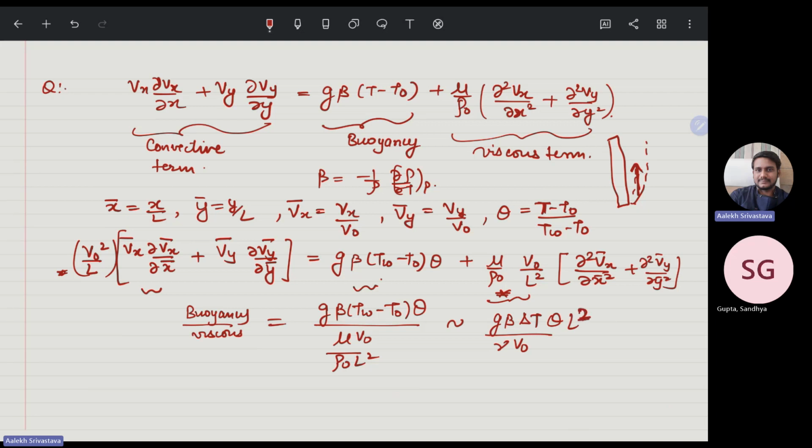Now there is a term that is not here, so if I take this term at the right hand side, this is the gravity term. The only term that is here is V0.